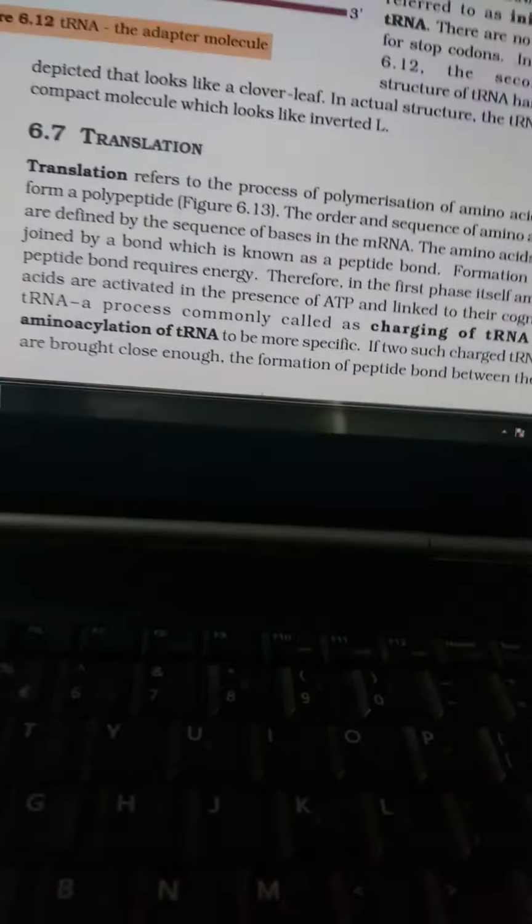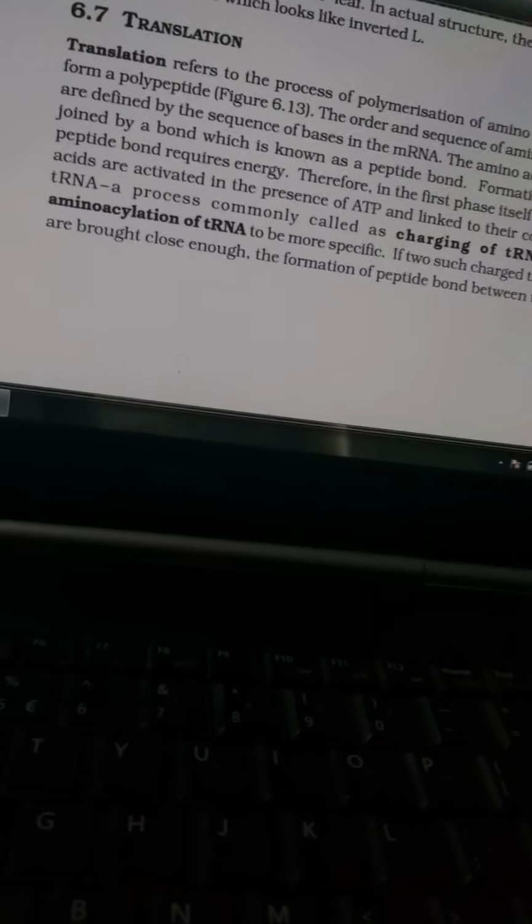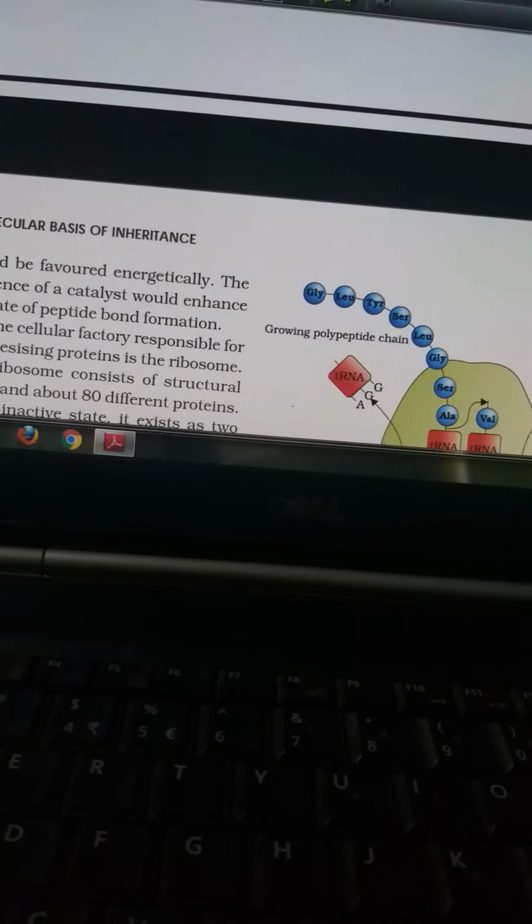The process is commonly known as the charging of tRNA, or another term, aminoacylation of tRNA, to be more specific. So such charged tRNAs are brought close enough, and the formation of a peptide bond between them would be favored energetically.